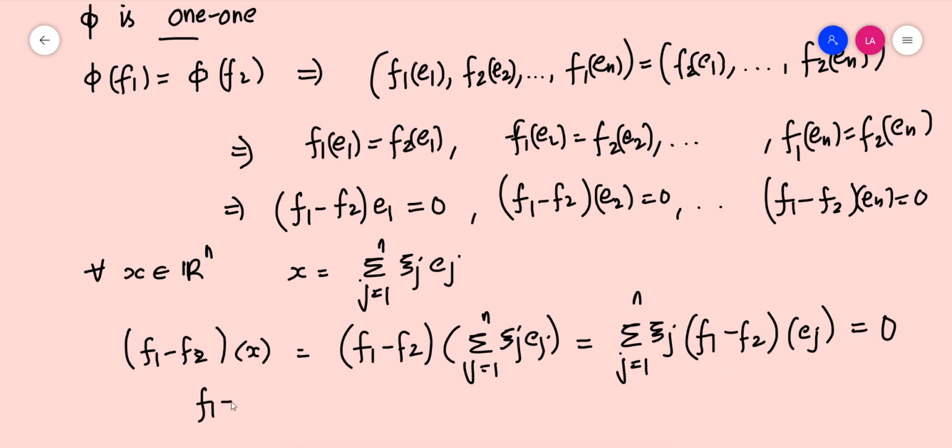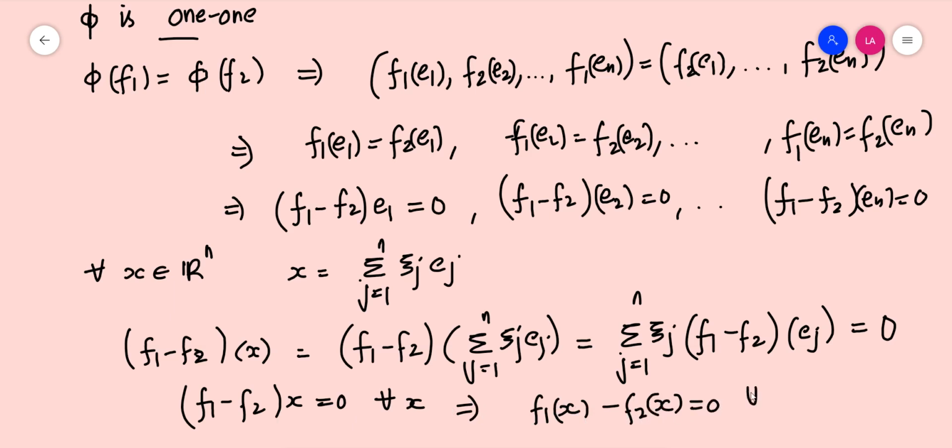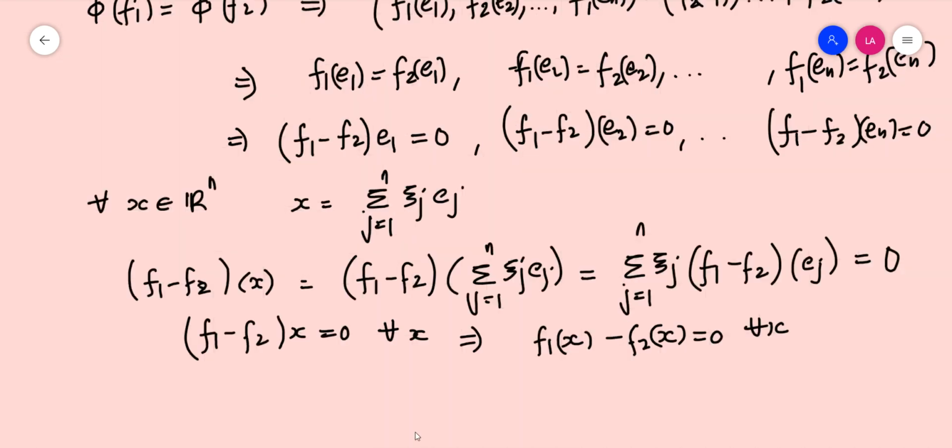That is, f1 minus f2 of x is equal to 0 for all x, which implies by linearity f1 of x minus f2 of x is equal to 0 for all x. That is, f1 of x should be equal to f2 of x for all x.